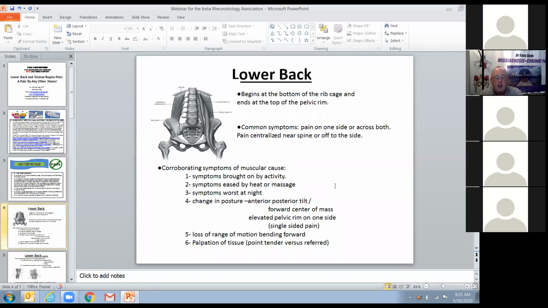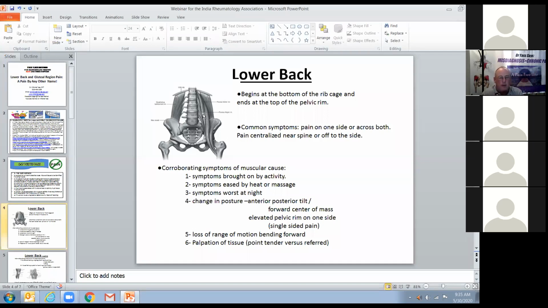So if we see a change in posture, let's say that this psoas muscle or this QL has shortened severely, based on the fact that it's attached to the posterior pelvis, it's going to pull that pelvis up, and it's going to take what would be a normal, very mild lordosis or curve, and make it extreme. So a severe anterior tilt could be an indication of a muscular cause of pain.